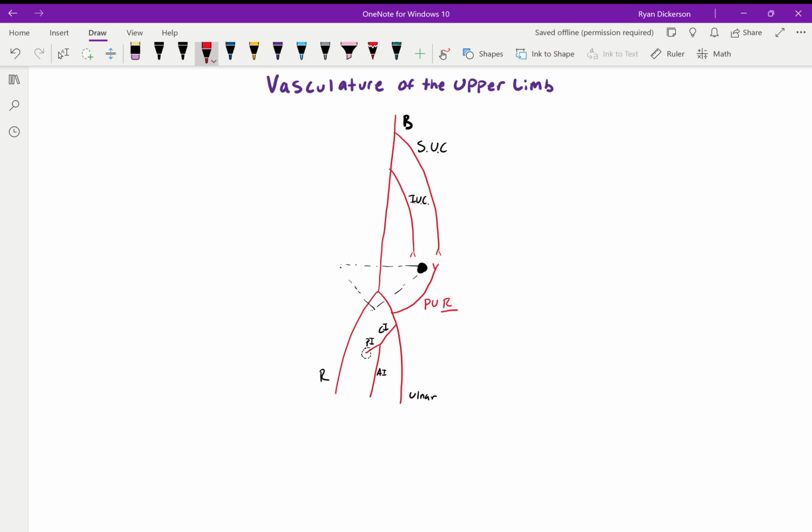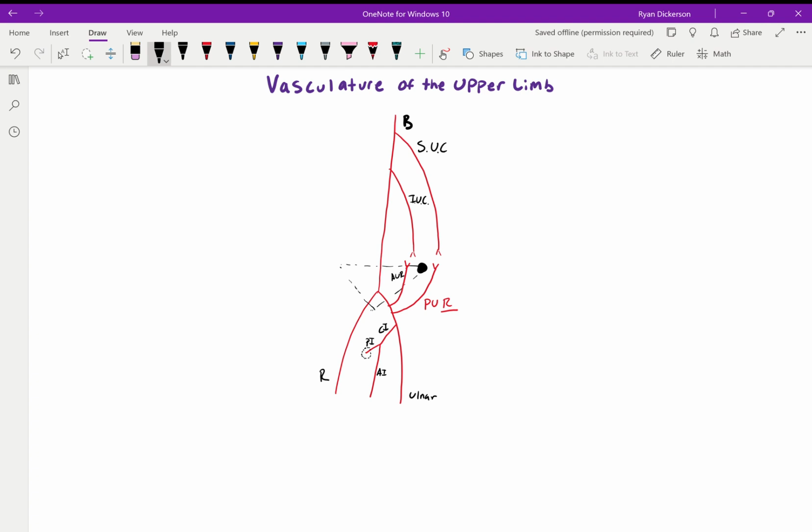And note that this is a recurrent artery, meaning that it's traveling back up the forearm into the arm, as opposed to traveling from superior to inferior like your ulnar collateral arteries. If we have posterior ulnar recurrent, we're also going to have an anterior ulnar recurrent, which is running anterior to the medial epicondyle. All right, so this is our anterior ulnar recurrent.